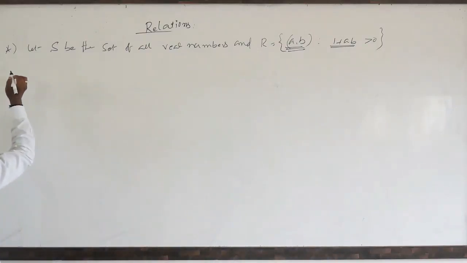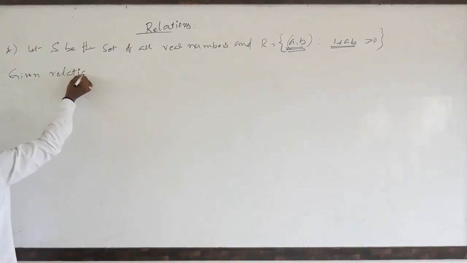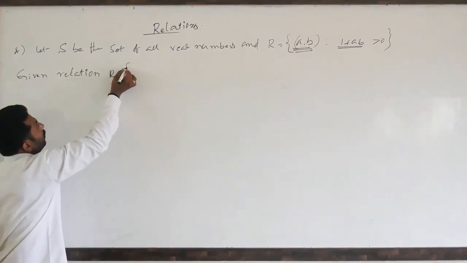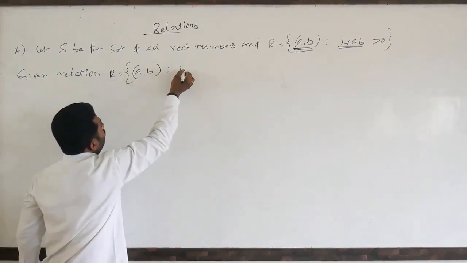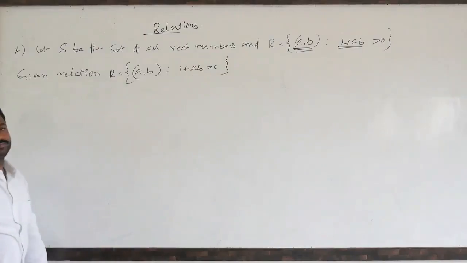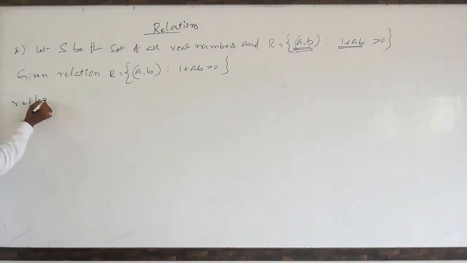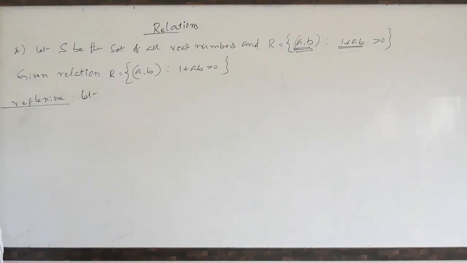So first, the given relation is capital R equal to the ordered pair A comma B such that 1 plus A into B is greater than 0. First we will verify whether capital R is reflexive or not. How to prove whether capital R is reflexive or not?